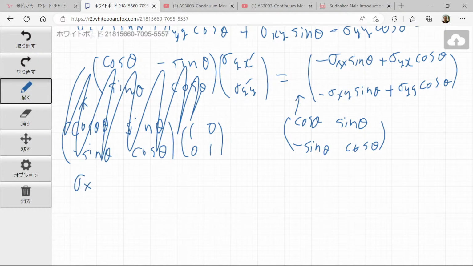Sigma yx prime, sigma yy prime. This goes like this. It's a little bit complicated. How do we calculate this?